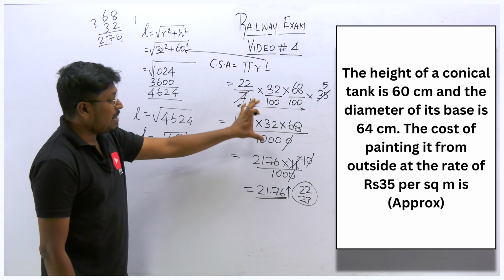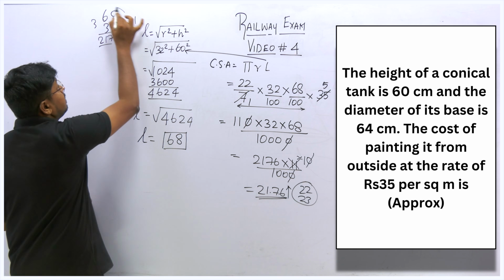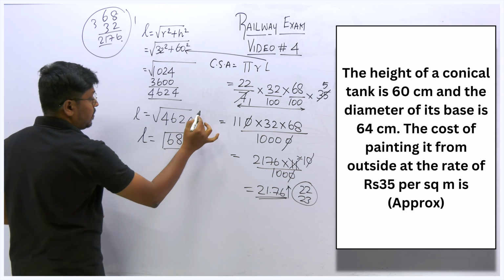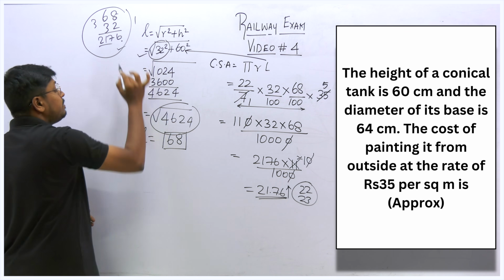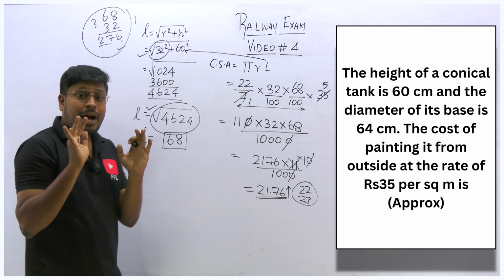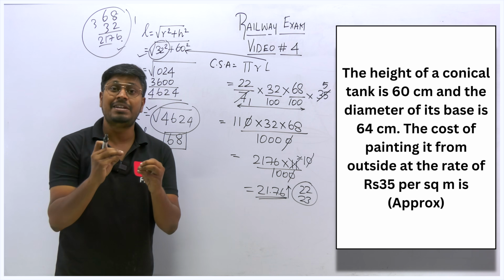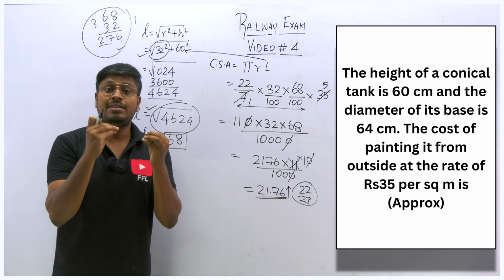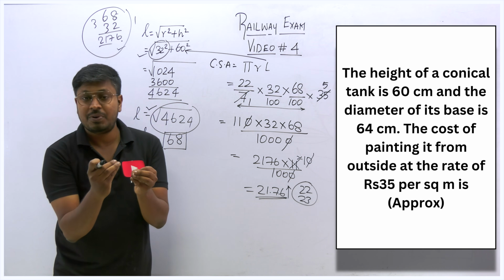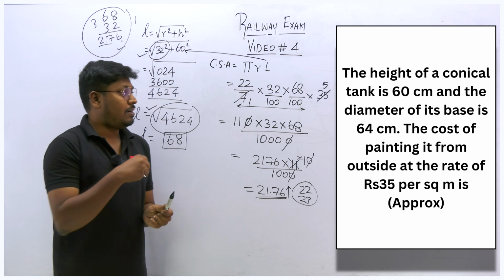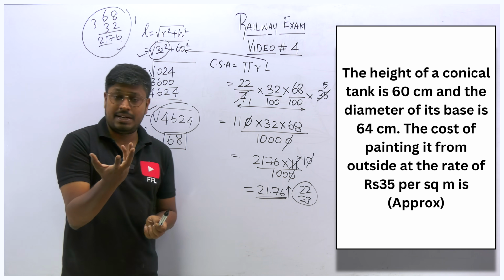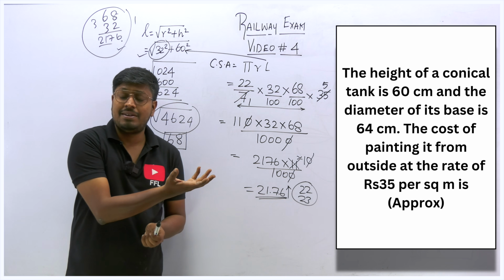Again, the multiplication part. Here, the square root value and this multiplication part I have done a little bit fast, but you too have to learn how to multiply a number fast and how to find the square root of a number fast. Why? Because the railway exam is based upon timing. For sectional timings and total timings, you have to solve 100 questions like that.